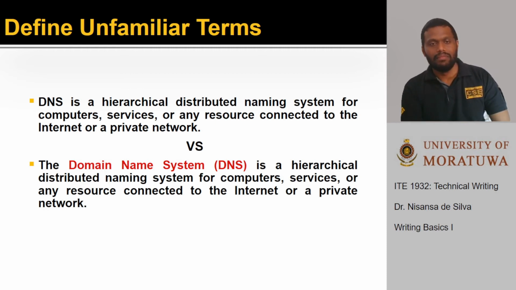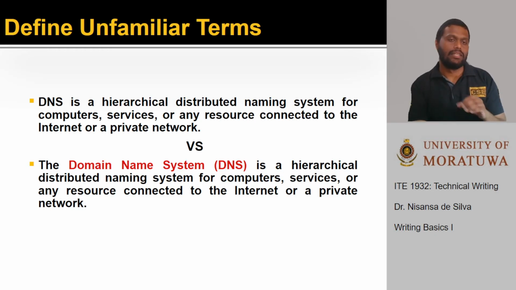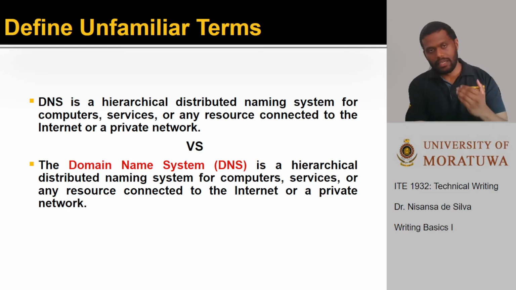The Domain Name System (DNS) is a hierarchical distributed naming system, and so on and so forth. You need to do this on the first instance that you would otherwise use this acronym or abbreviation, depending on what you are doing.